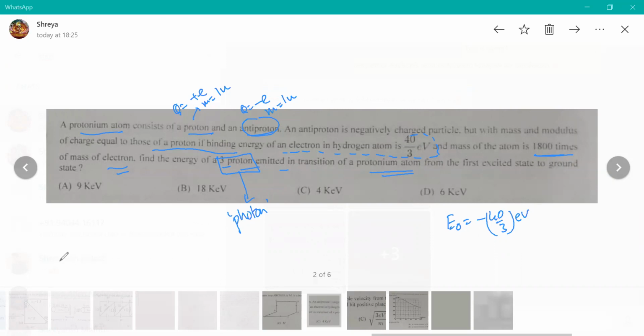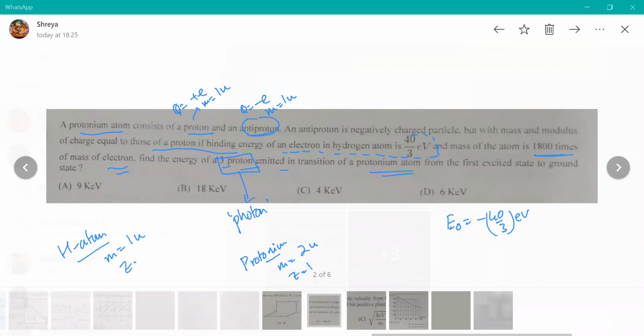Okay. So what is the difference between plutonium atom and hydrogen atom? Hydrogen atom has a mass of 1 atomic mass unit. And plutonium atom has a mass of 2 atomic mass units, but Z of 1 only.